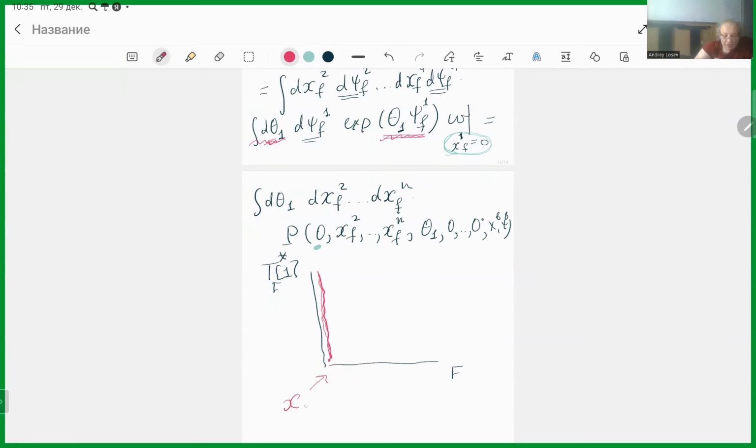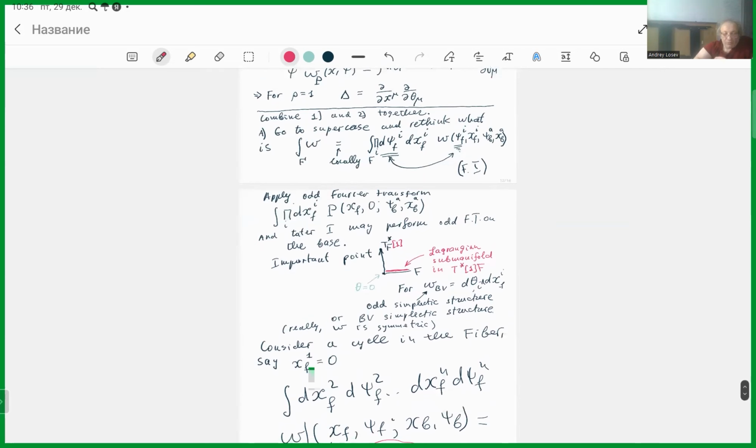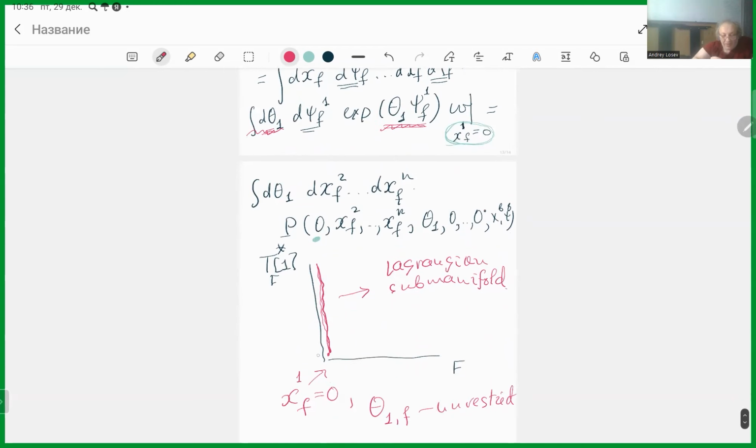So it is x fiber 1 equals to 0, theta 1, of course, f unrestricted. And this is again a Lagrangian submanifold. Previously the Lagrangian submanifold was horizontal along the fiber. Now, at least in x1 coordinate, it is vertical.